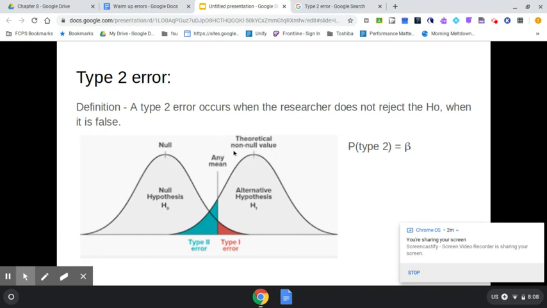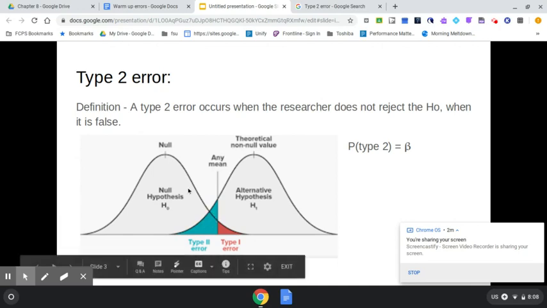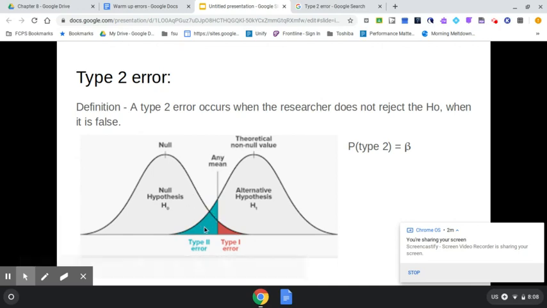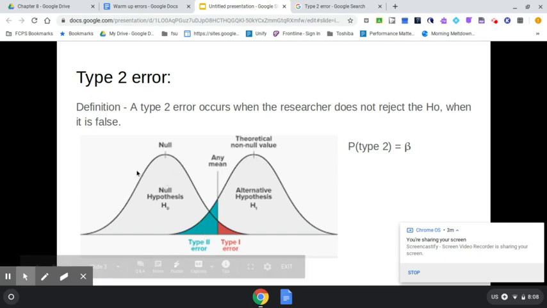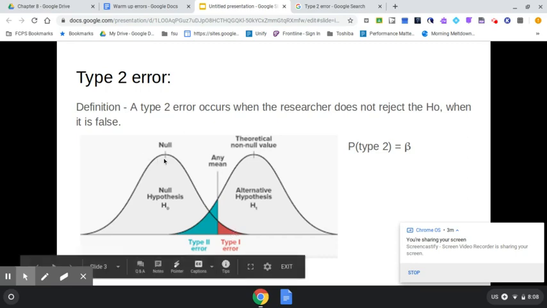So if this is the theoretical hypothesized new mean, then when we didn't reject using the old curve, when the new mean actually moved, that's going to be the area of a type 2 error. So we're shifting this whole curve up or down. If we're testing a right tail, usually it's shifting in that same direction.